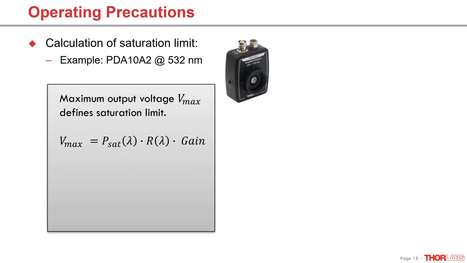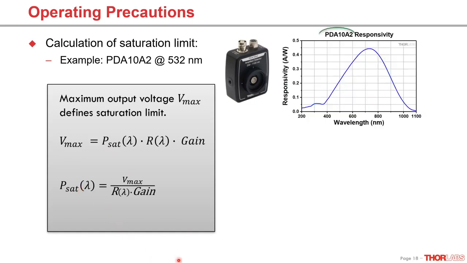To practice, a short demonstration of how to calculate the saturation limit from the datasheet, assuming our operating wavelength is 532 nanometers. First, we have to solve the equation for the saturation power. Next, we need to take the responsivity value for 532 nanometers from the responsivity graph: 0.27 amps per watt.